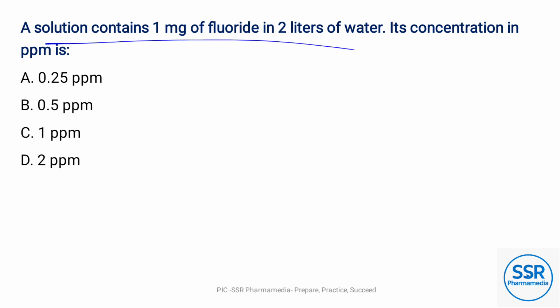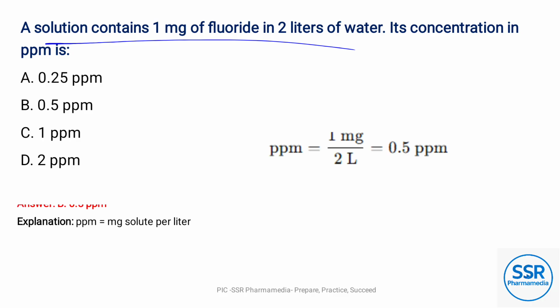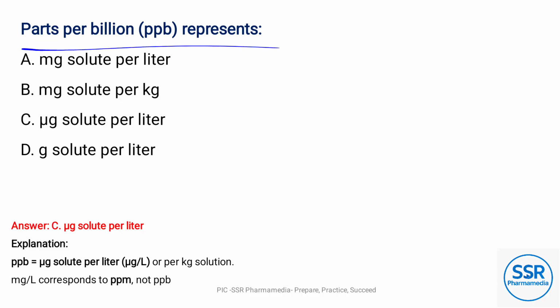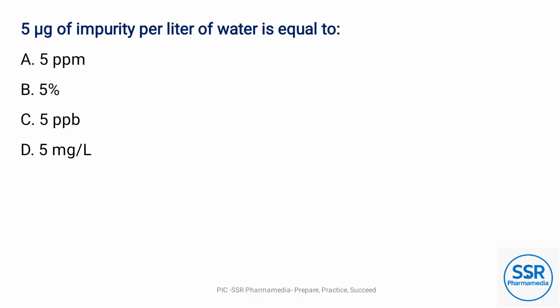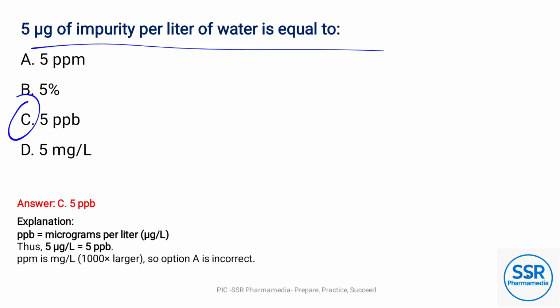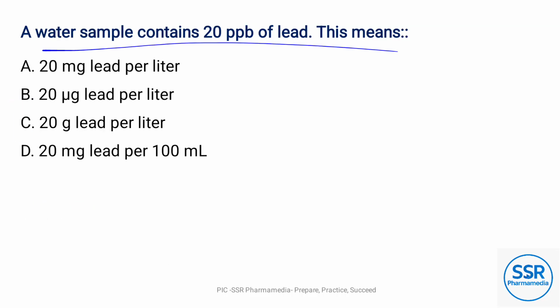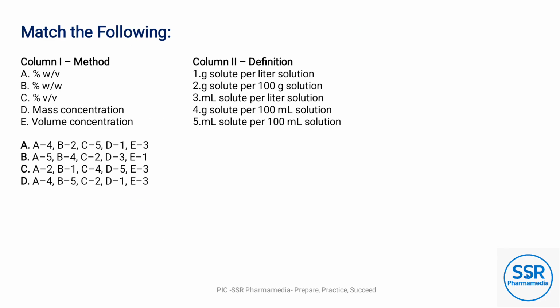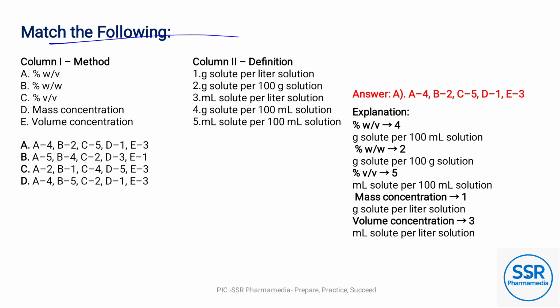A solution containing 1 mg of fluoride in 2 liters of water, its concentration in ppm is option B. Parts per million represent option C. 5 microgram of impurity per liter of water is equal to option C. A water sample containing 20 ppm of lead means option B is the answer. Match the following: option A is the answer.